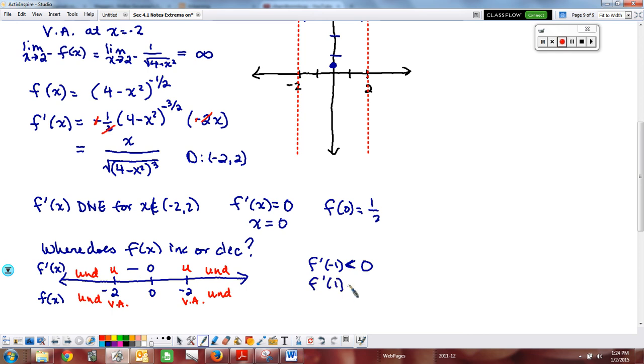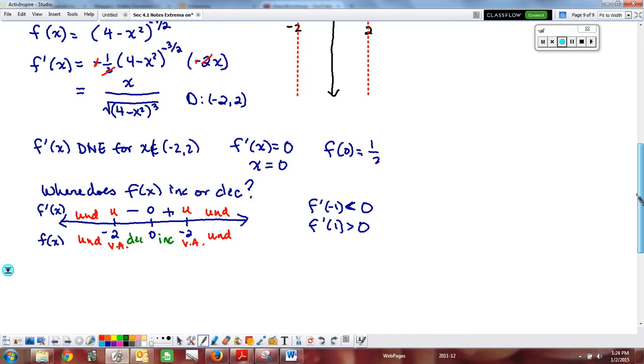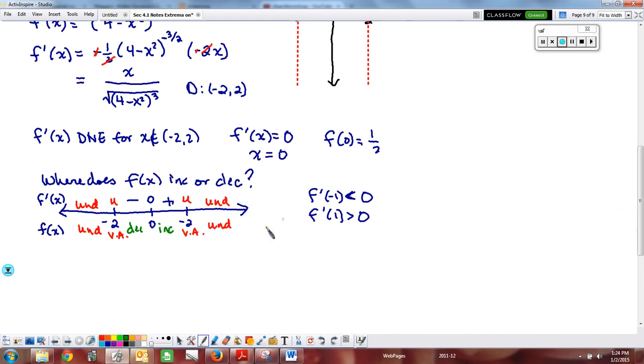f prime of 1, using that as my test value: 1 over a positive number is going to be positive, so now this is positive. And what this tells me about f of x is that when the derivative is negative, f of x is decreasing, and when the derivative is positive, f of x is increasing. And so that's the information that we needed in order to prove that we actually have a minimum at x equal to 0.